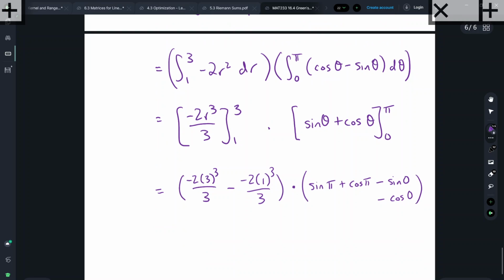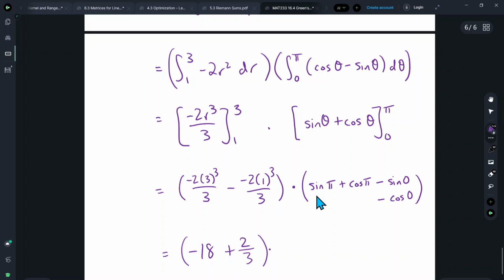Okay, so what do I get? 3 cubed is 27. 27 divided by 3 is 9. 9 times negative 2 is negative 18. This is minus minus, which becomes a plus, so plus 2/3 times sine of pi, which is 0. Cosine of pi is negative 1. Sine of 0 is 0.